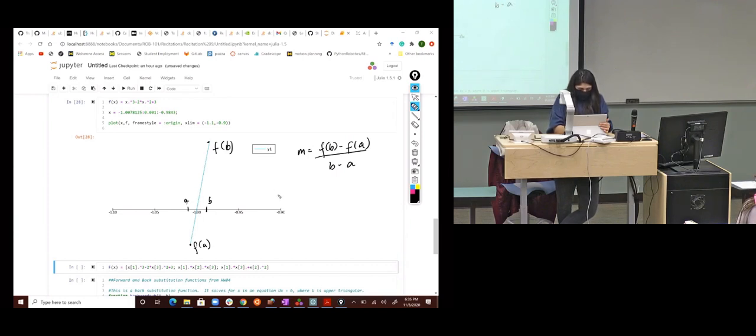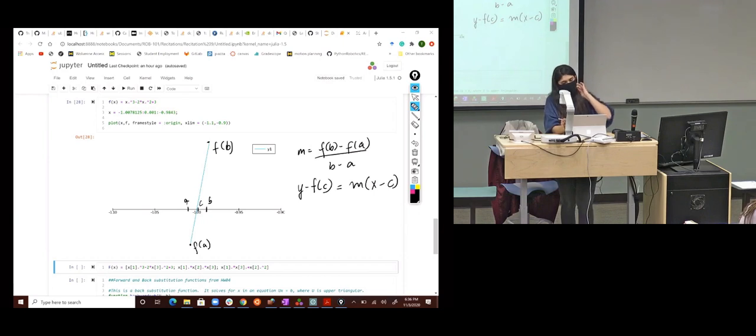And any point on this line, let's say this is somewhere the midpoint C, can be given as y minus f(C) equals m times (x minus C), given C is a point on the line with the slope m. Slope-intercept form.